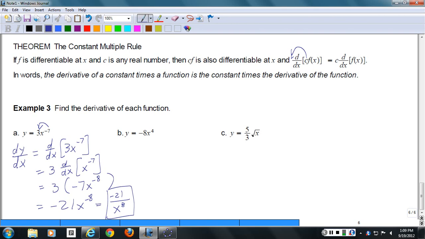So I'm going to go ahead and do that with the b part, dy dx. If we multiply the 4 by negative 8, negative 32, reduce the exponent, and we get x cubed. And the next one, let's see, probably want to work on that a little bit. y equals 5/3 x to the 1/2.